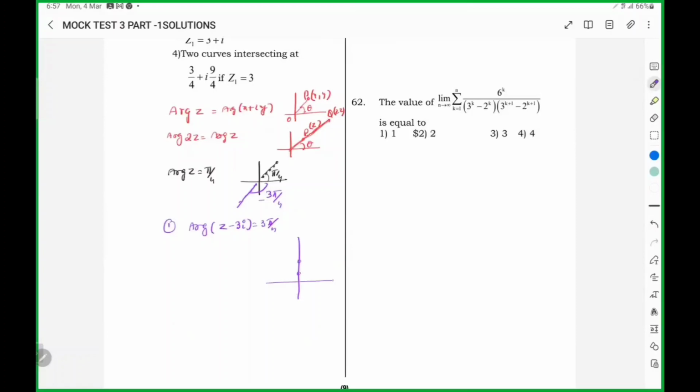It's 1 unit, 2 units, 3 units. 3i I can write as 0, 3. So 3 pi by 4 means it is an obtuse angle, not this, right? For whatever points are there, its argument is 3 pi by 4.